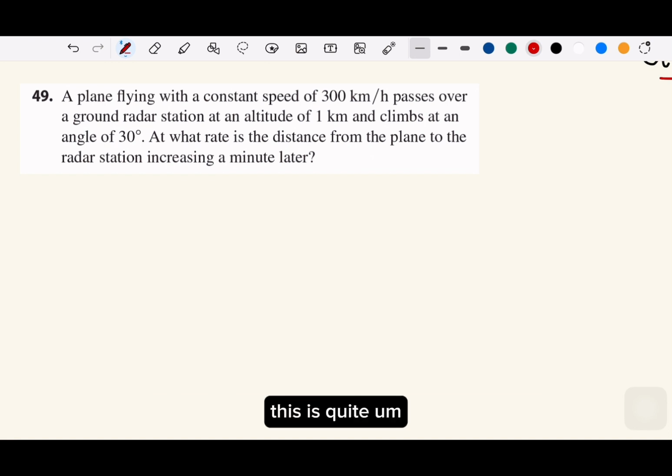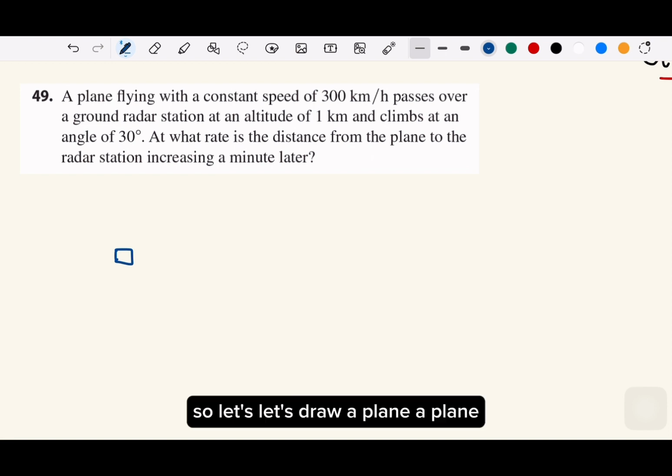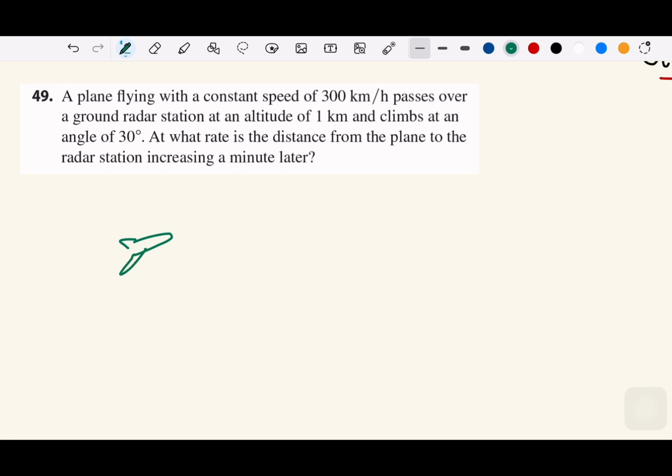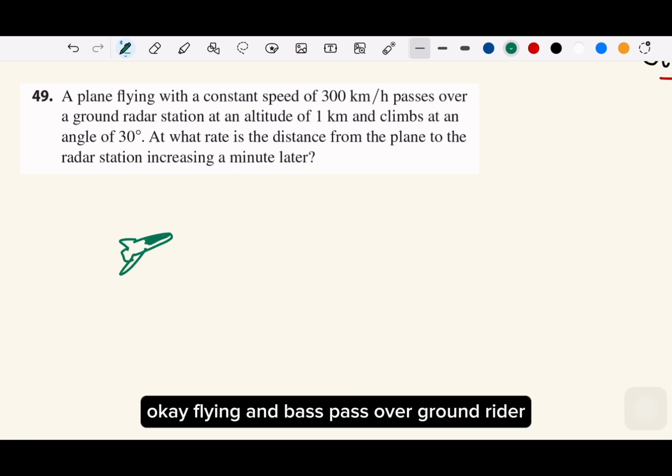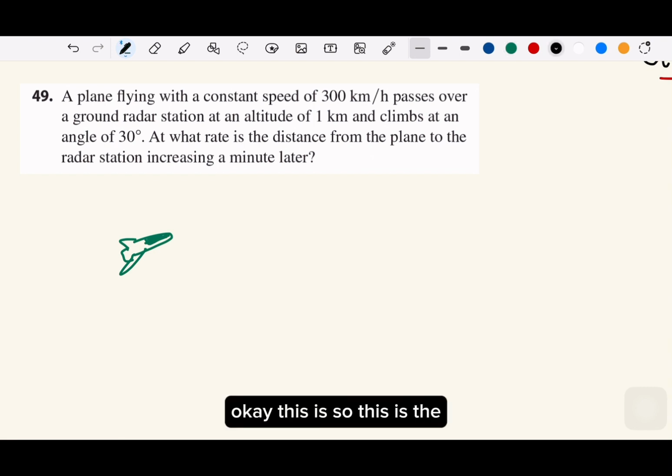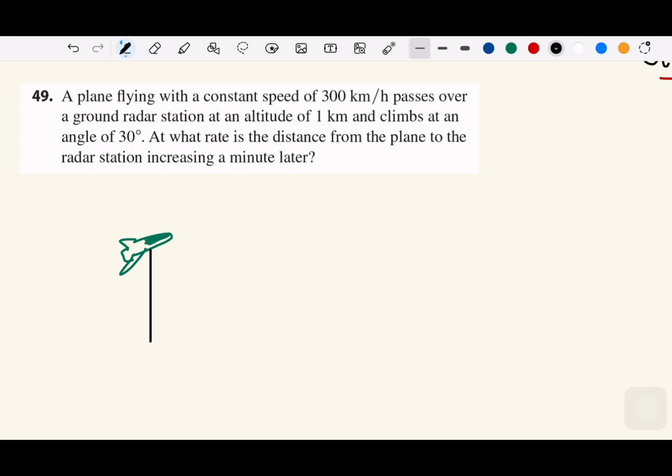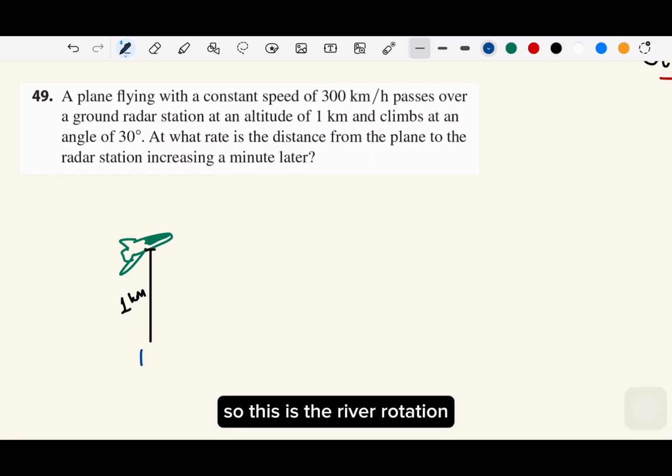Okay, this is quite interesting. So let's draw a plane, flying and pass over ground radar. Let's say this is the 1 kilometer height, so this is the radar station.